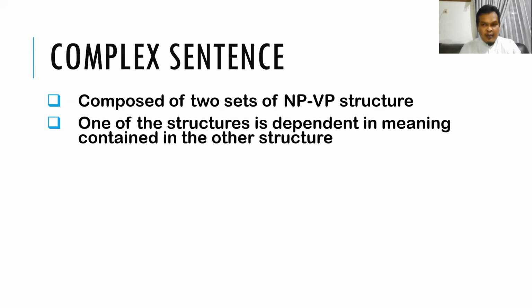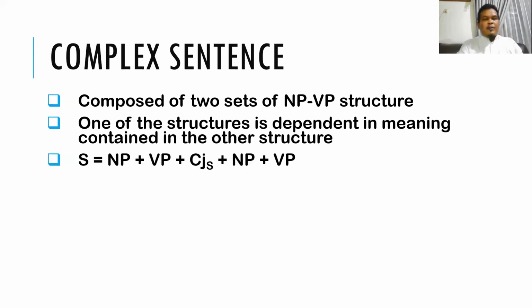It means that one of the structures cannot stand alone as a sentence. Why? Because it doesn't have a complete meaning. This is the criteria that makes complex sentence different from compound sentence.